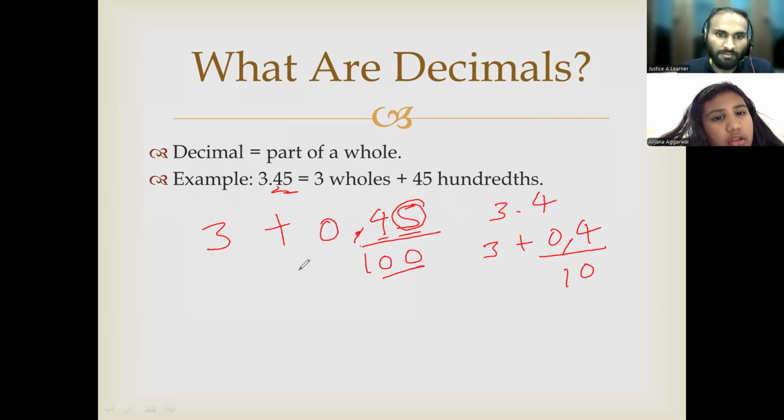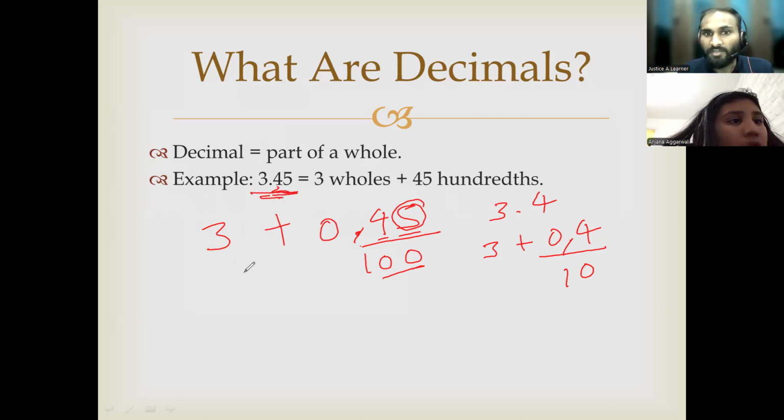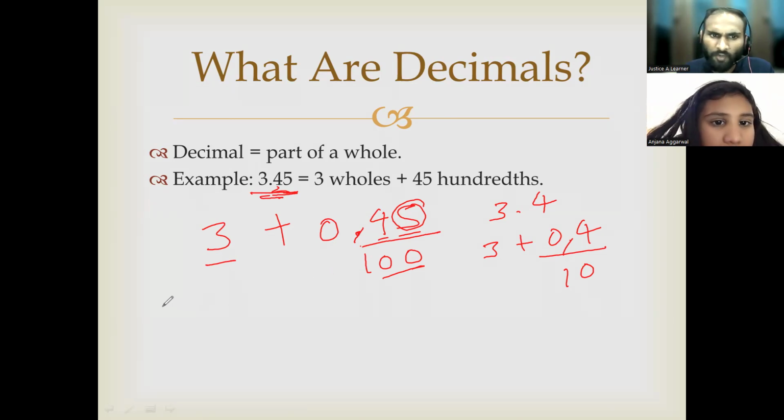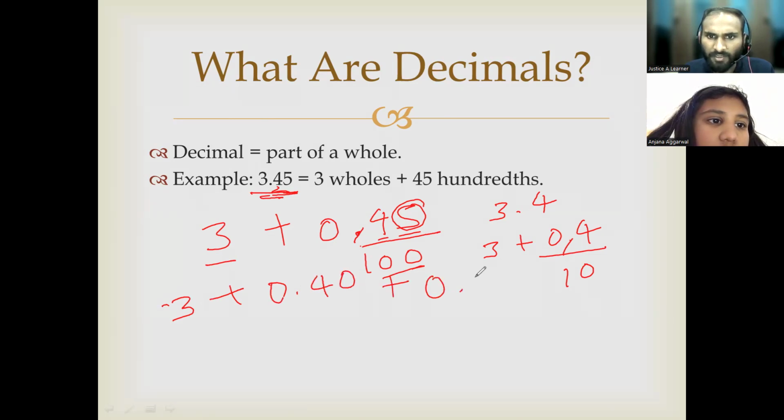Okay, once again, let me make you understand. The concern is very simple. Here we have this number. We can break it in two parts, like 3 plus 0.45. Is that okay? Yes. And what if I say I can also break it in three parts, like 0.40 plus 0.05?